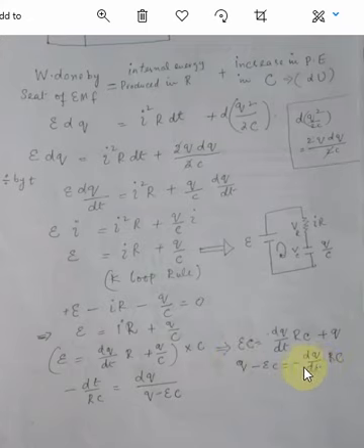So we get minus dt divided by RC. When it goes to the other side, it goes to the numerator, and this multiple RC goes to the denominator. And this Q minus EC will be brought to the denominator on the other side. So we will get dq divided by Q minus EC. So the equation will assume this form after rearranging.